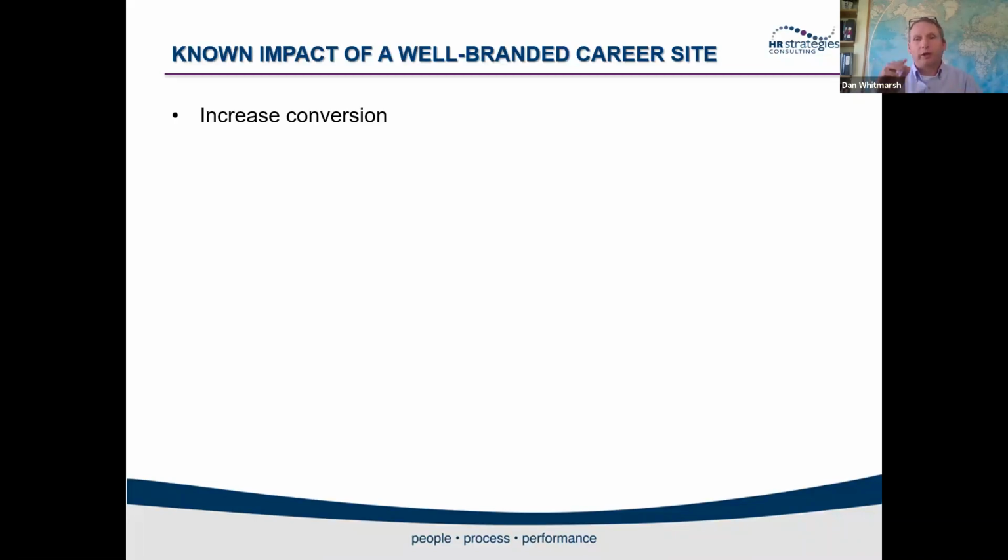There's lots of things, and we're going to get to the list of 5. But I'm going to talk about one of the most popular, or I shouldn't say popular, a widely replicated study that's been done in numerous places. My favorite by far is that a well-branded career site can increase conversion. It'll allow you to play 60% deeper into the passive candidate pool, okay?